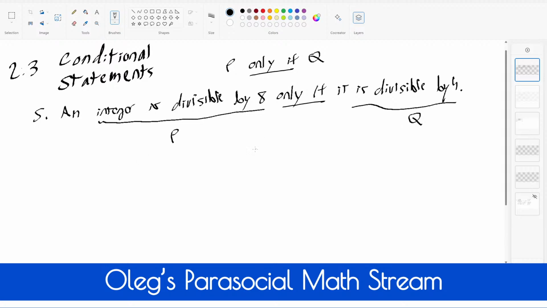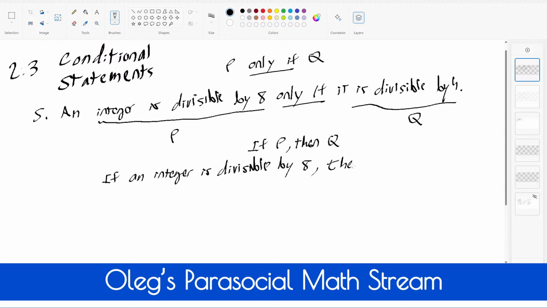Now, if P then Q. Now we have to write it as if P then Q. If, then.